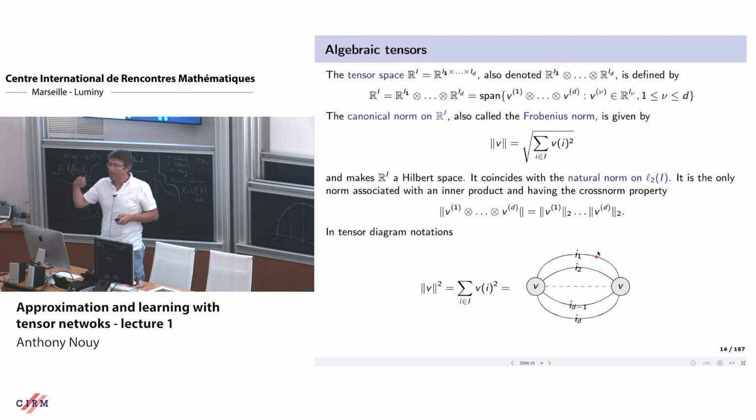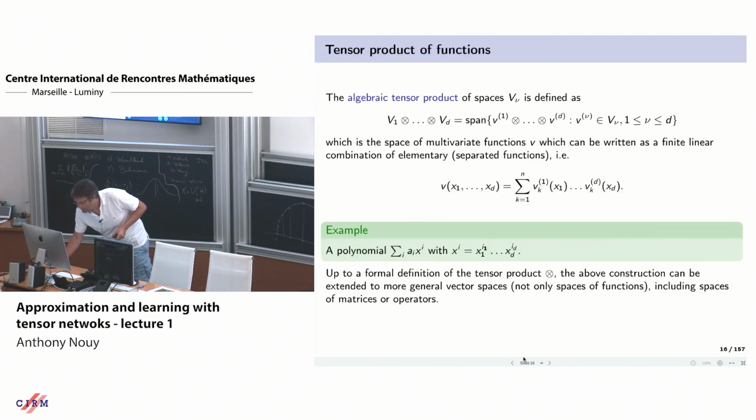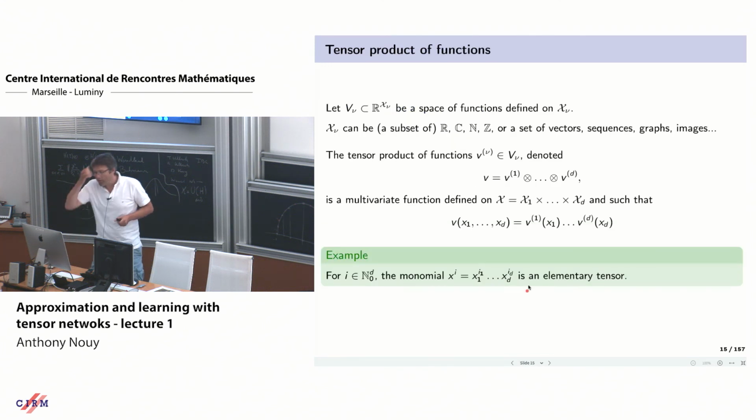That means you are summing over i1, i2, i3, and so on, the entries of v and v. So if you want the inner product of a tensor v and a tensor w, you will have the v here, the w here, and the same tensor diagram notation for this inner product operation.